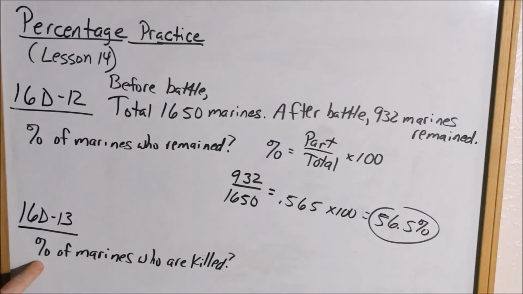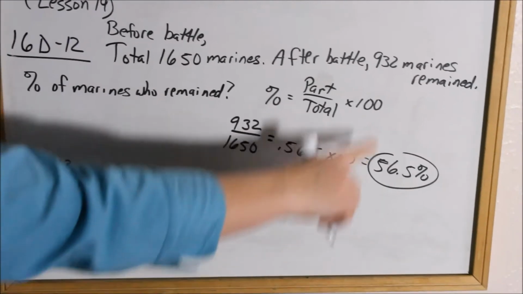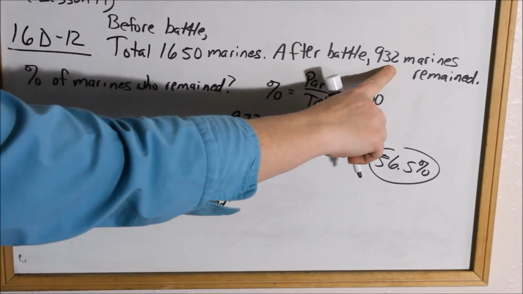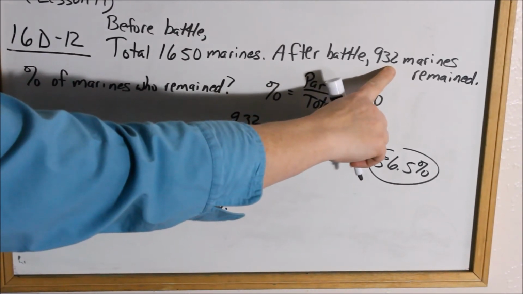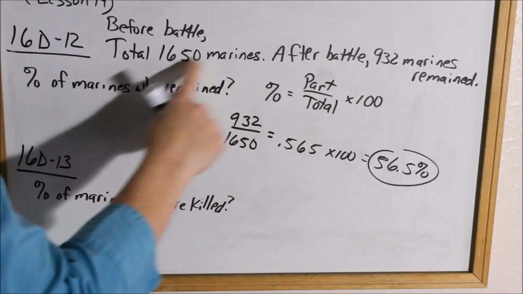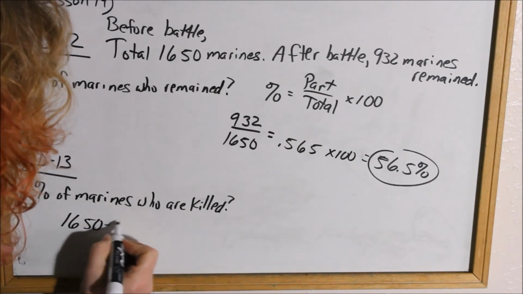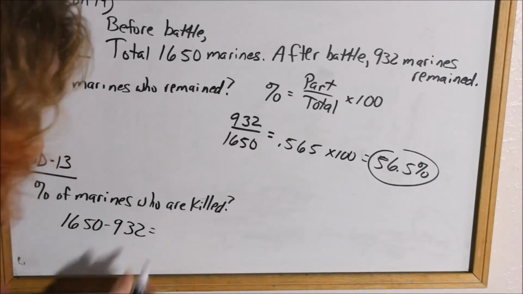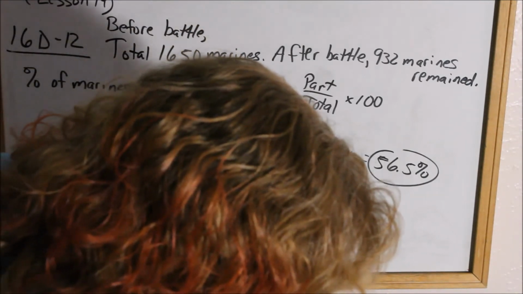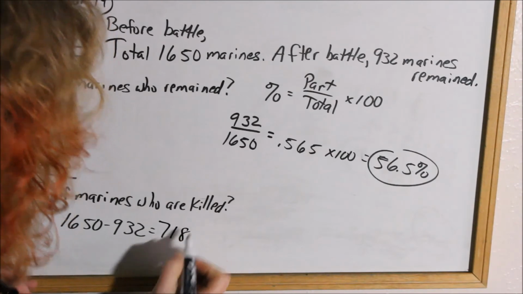Now they want to know what is the percent of the Marines who are killed. Well, if 932 Marines remained, where they were left after the battle, then how many were killed? Well, we can take 1650 minus 932, and that will tell you how many were killed. So, let's see. That would be 718 were killed.